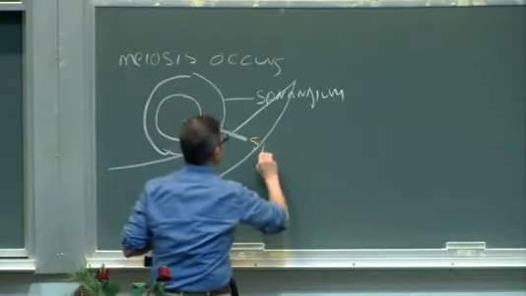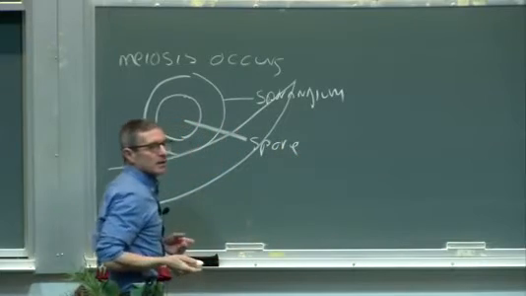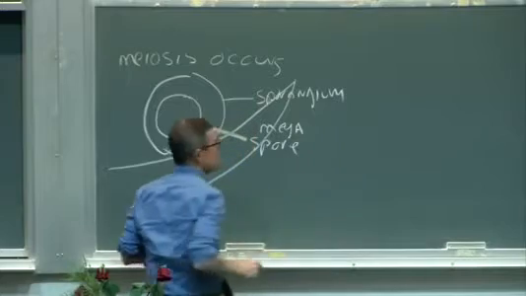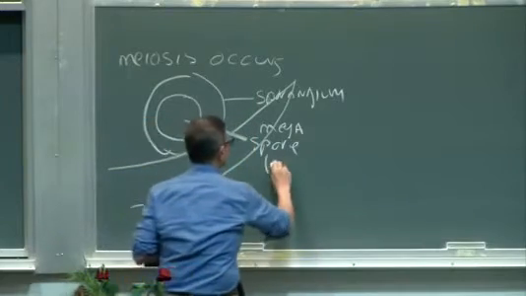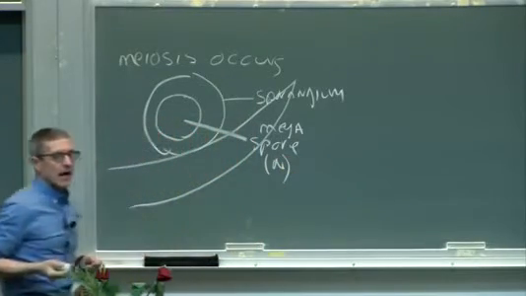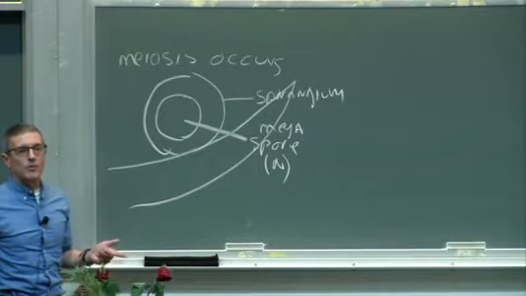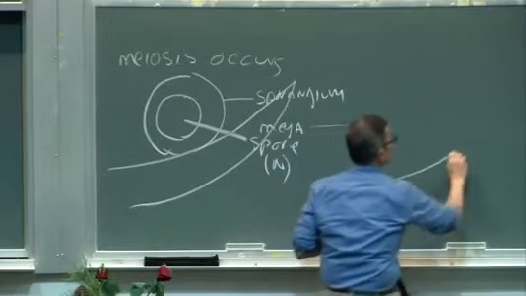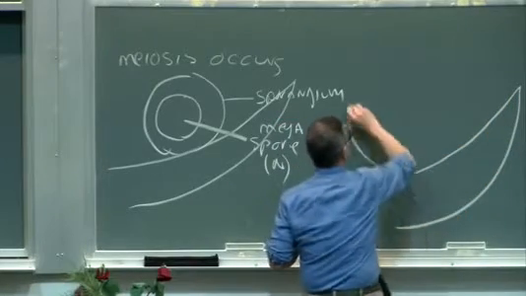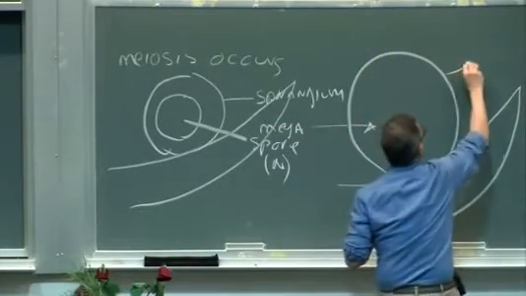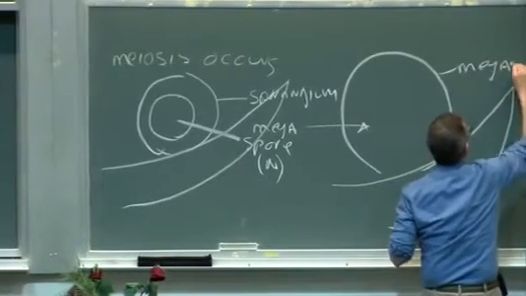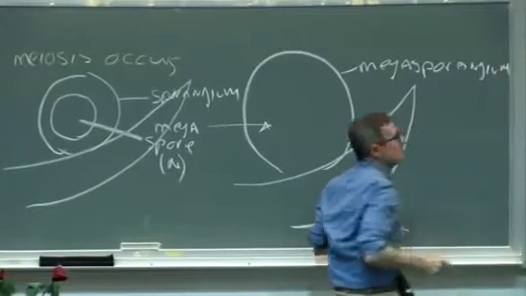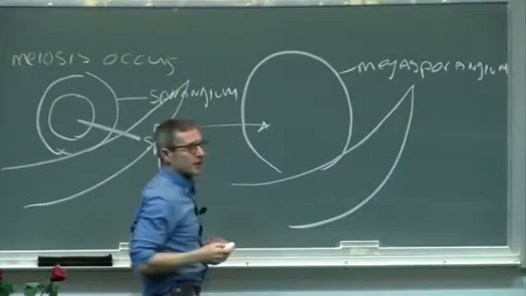So we have a spore, and we gave it the term megaspore because it was inside a megasporangium, a megaspore. And this spore is N. Now again, building on what you know before, nothing is new. This spore on the scale, so we'll put our megasporangium again. All of this should be very familiar. The spore is inside the megasporangium.